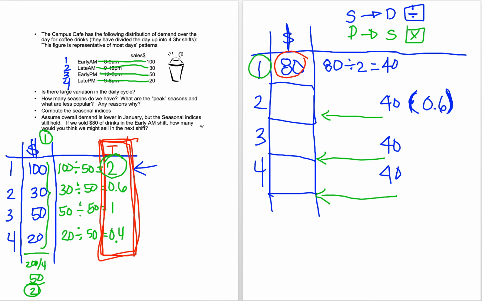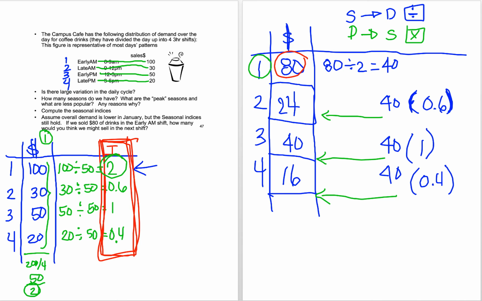So 0.6 times 40 gives us 24. 40 times 1 gives us 40. And then 40 times the index of 0.4 for season 4 gives us 16.